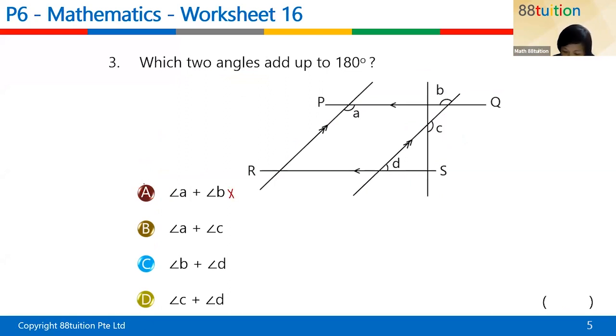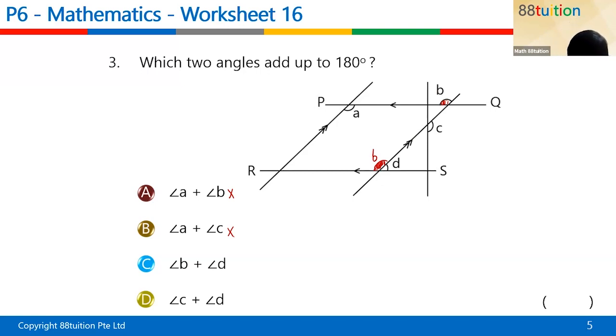A and C, no relationship. So still not possible. B and D, because B and D is this angle and this angle, because they have parallel lines. So B is correct.